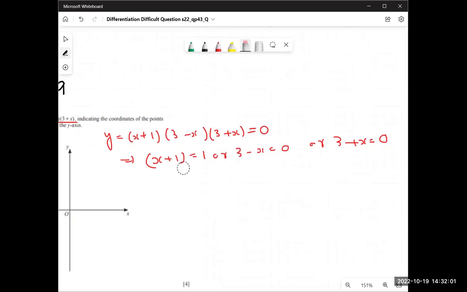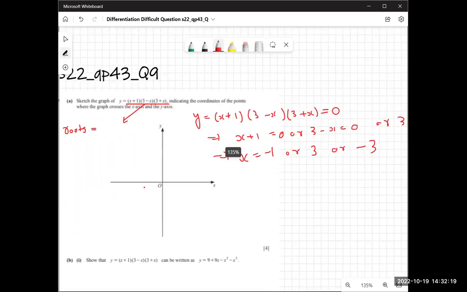So that's what I have in this. Therefore x is equal to minus 1, or I have 3, or minus 3.